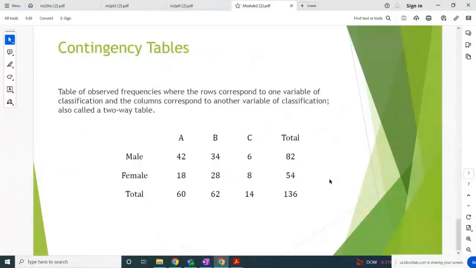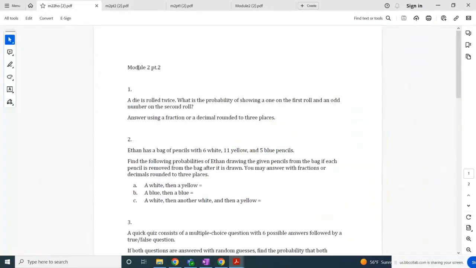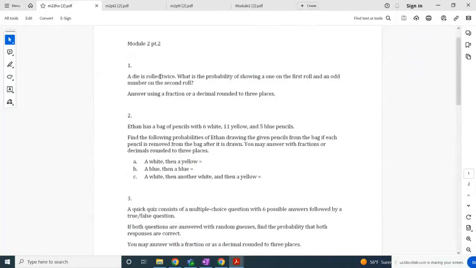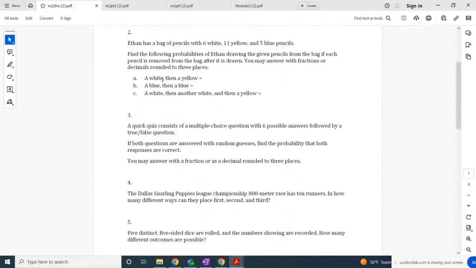We were talking about a contingency table. But before we actually talk about the contingency table, there are a couple of questions on the Module 2 handout: number 2, and on the handout for Module 2, Part 2, questions number 3 and number 5.